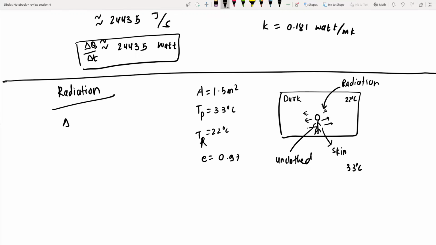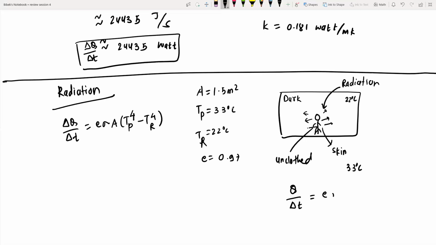Then, as I have already stated to you, delta Q will be E sigma A times T of the losing body to the power 4 minus T of the environment to the power 4. In the slide, you will see the formula as E sigma A T to the 4.